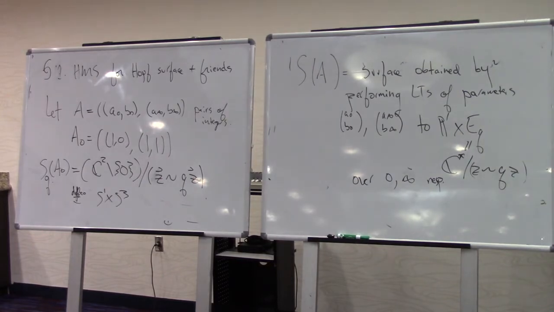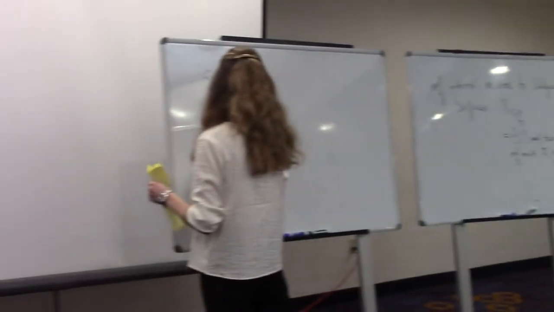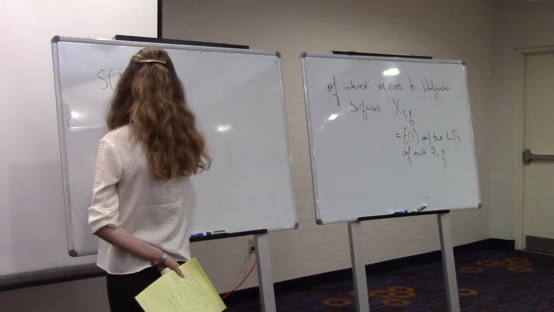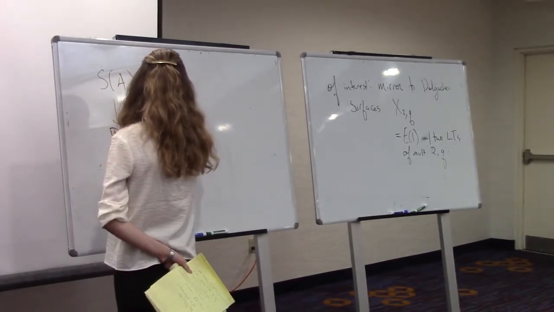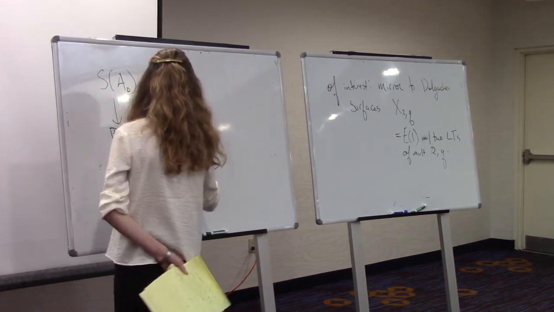Okay, but yeah. So what can we say about the complex geometry of this Hopf surface? So we know it has a map to P1 by construction. So S of A naught maps to P1, and this is just given in coordinates by Z1, Z2 maps to Z1 over Z2.